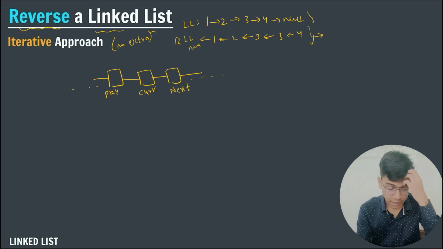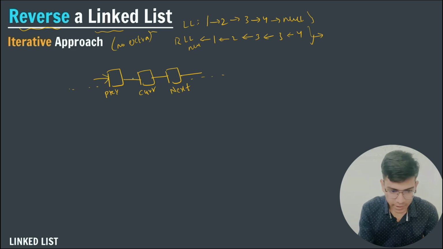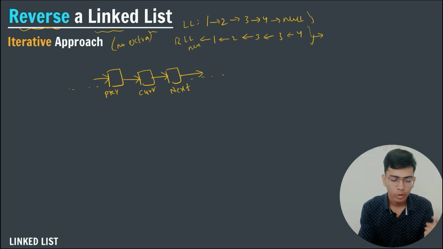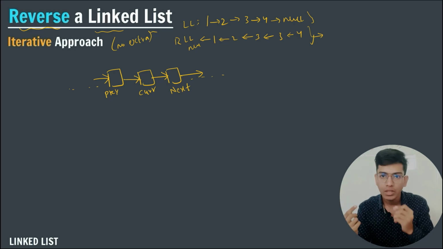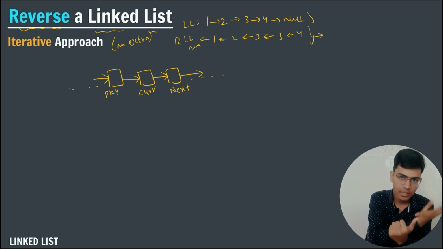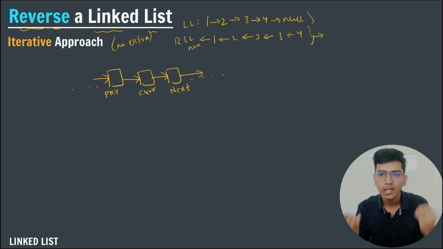In reversing a linked list, the linking direction is like this right now. So we need to reverse each and every link. Here previous is pointing to current and current is pointing to next. We want next to point to current and current to point to previous. So this is how we are going to do the reversing of the linked list.